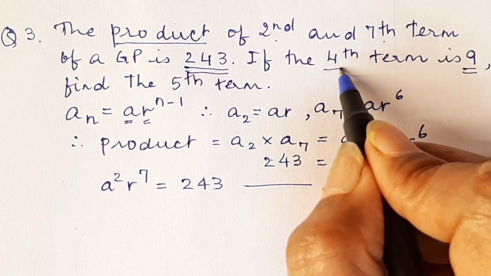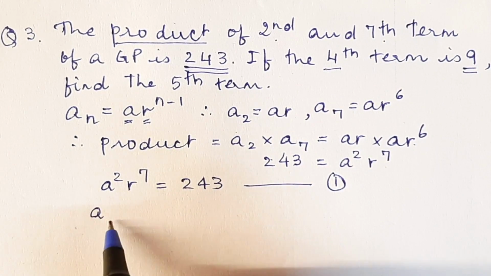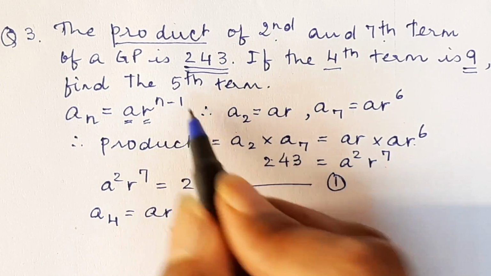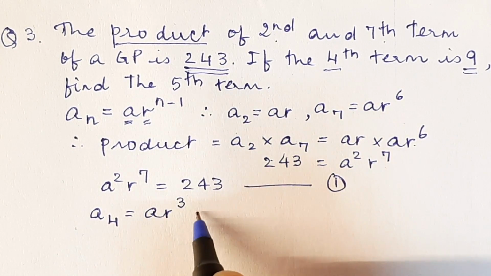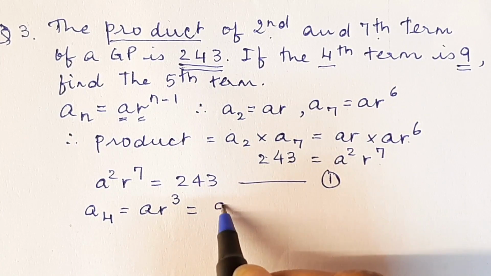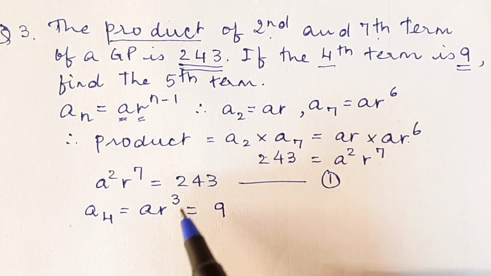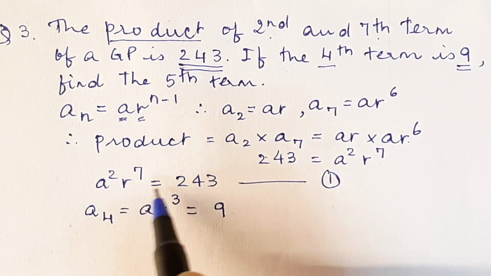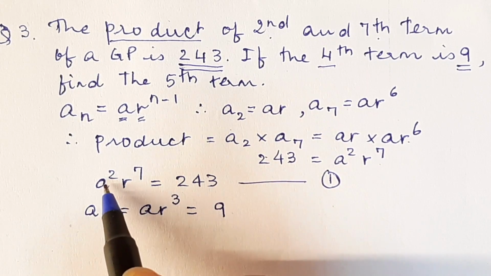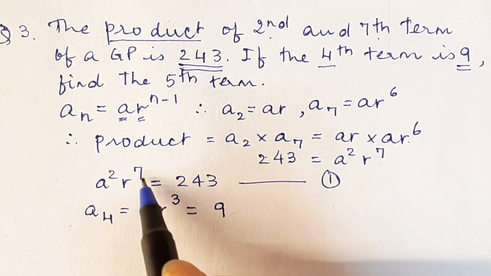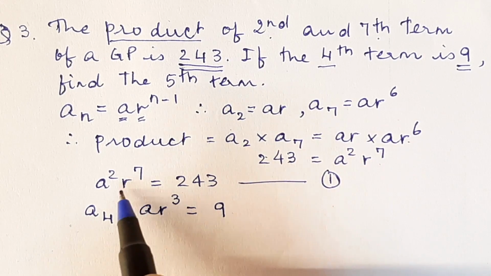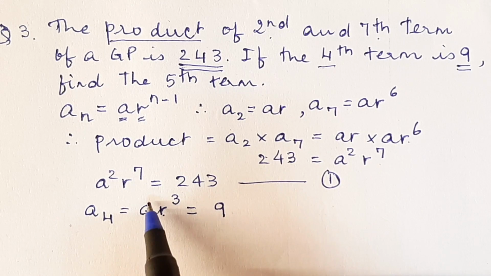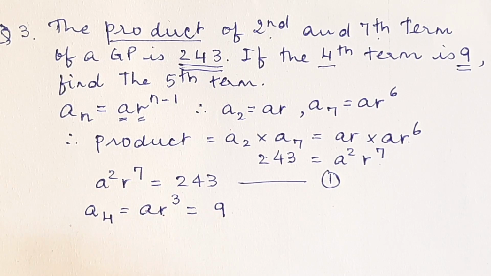Now let us come to the fourth term. Now fourth term will be A4, which will be AR to the power 4 minus 1. So that is AR cube, and that is equal to 9. Now tell me, if I call this as equation 2, even if I take the ratio, I'm not able to eliminate A or R. But I can see that if I make a square of this, I'll get A square R to the power 6.